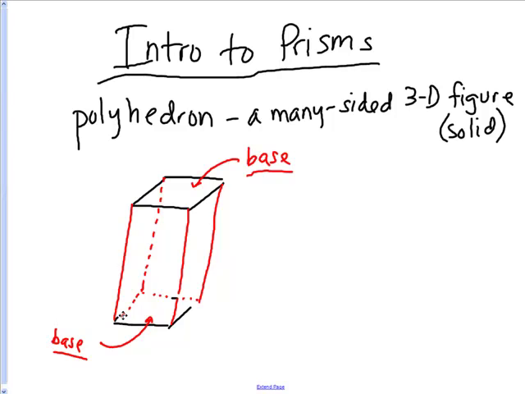If we look at this face here in the front, that's a quadrilateral. And this particular prism, because it has a base that is a quadrilateral, has 4 lateral faces.